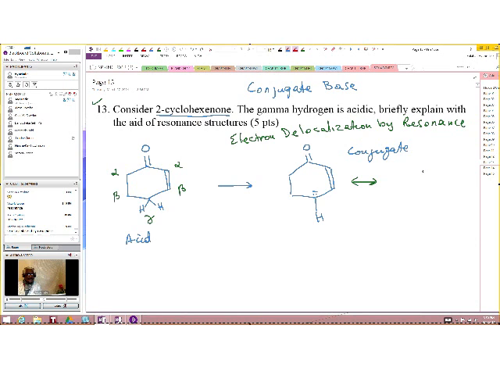Let us do the first one. Supposing we simply move this electron in the p orbital here to form a pi bond between this carbon and this carbon, and in so doing, this electron here will come to this carbon. So now we have this.